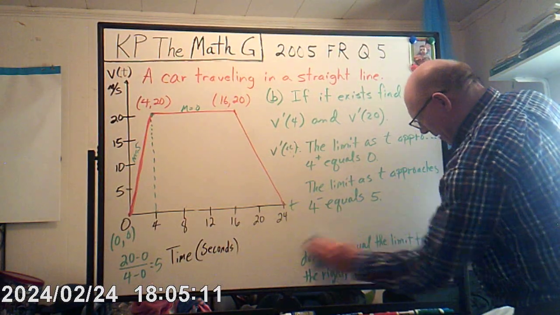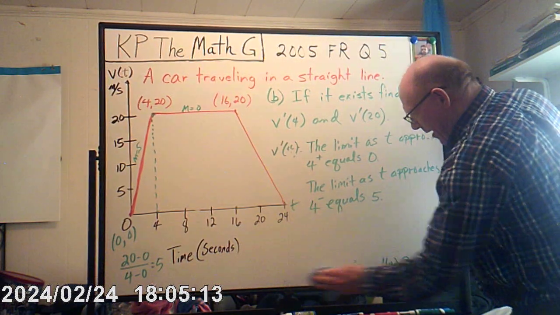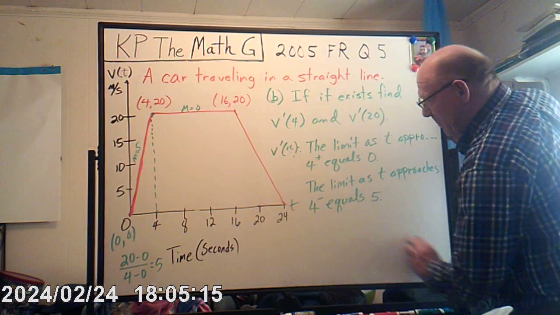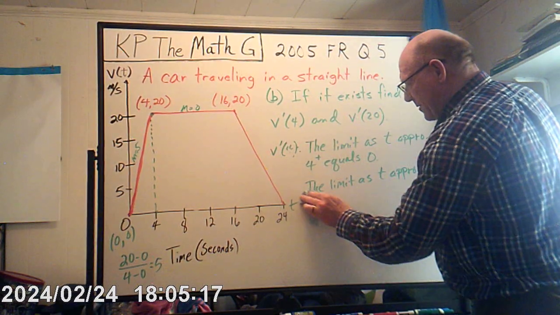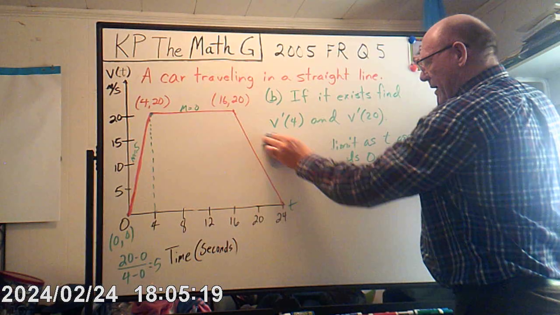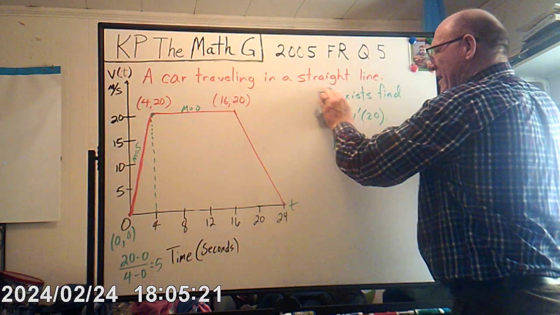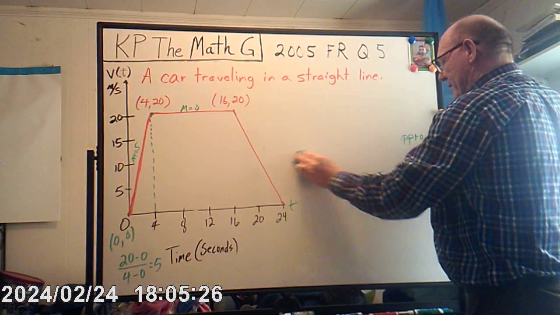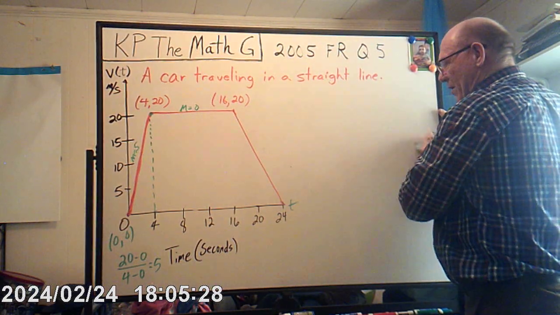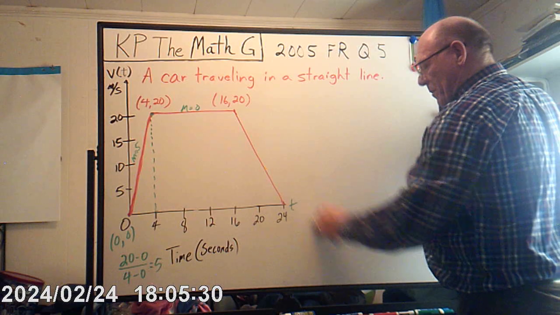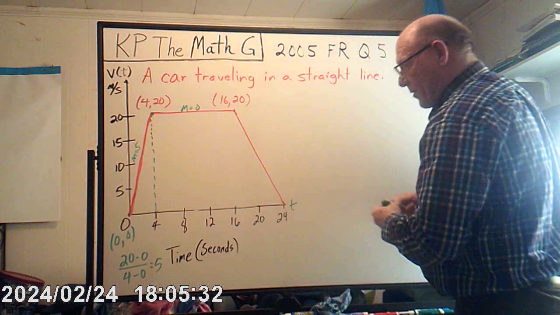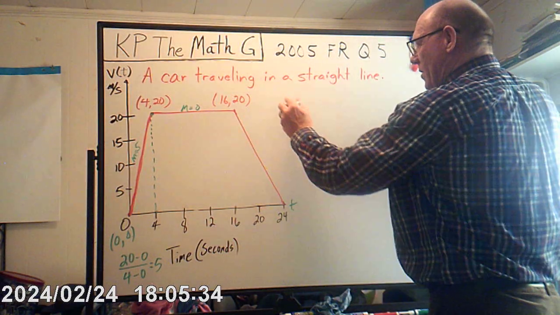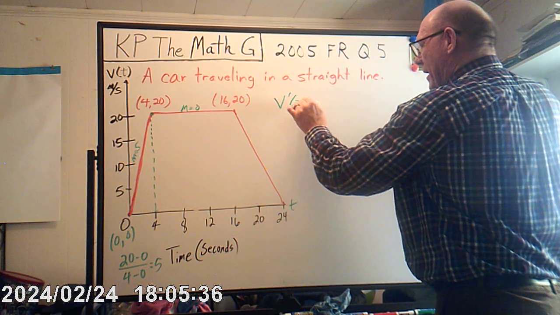I'm going to erase this because we need to find v prime at 20, and let's see if that one exists. I want to know if it does or does not. Now remember, all we're doing is finding the slope here, because this prime means what is the slope here? V prime at 20.